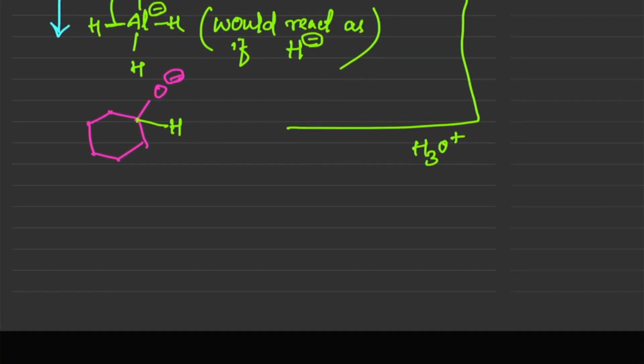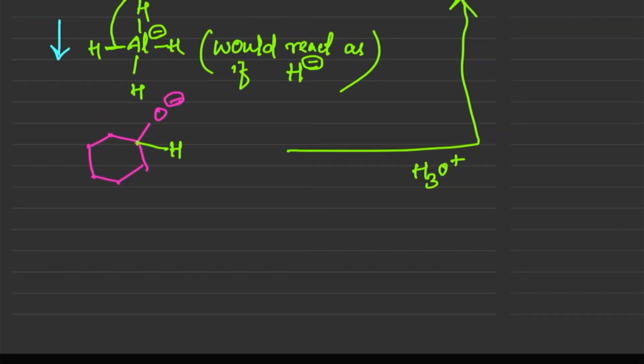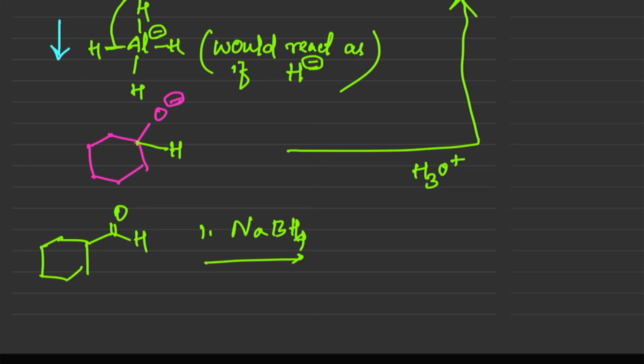Let's do one more example and then we'll call it a day. Let's say we have an aldehyde, CHO, and you are treating with sodium borohydride and then H3O plus. This would serve as a source of borohydride ions, a source of hydride ions.